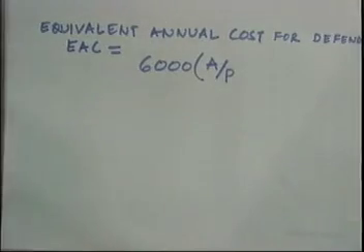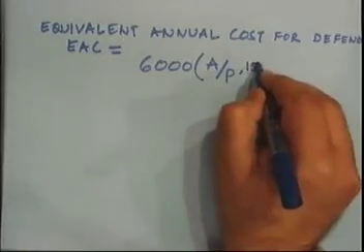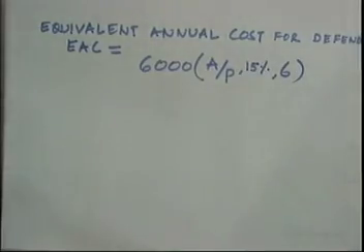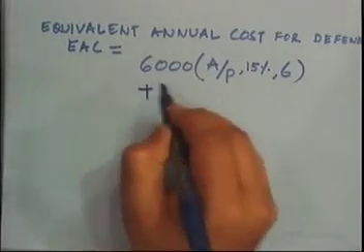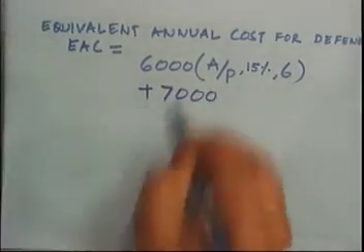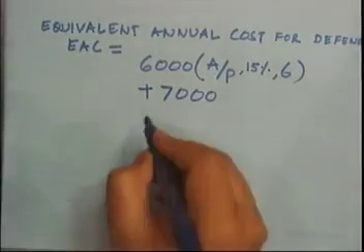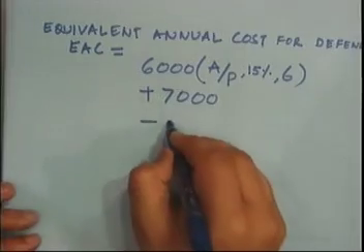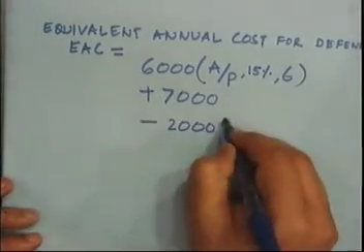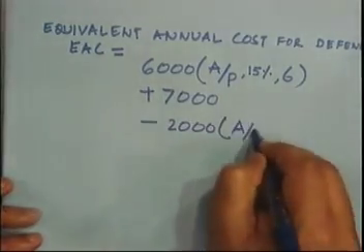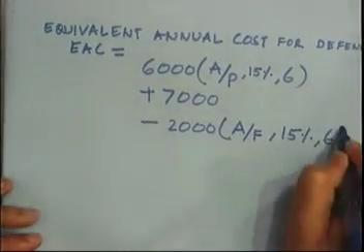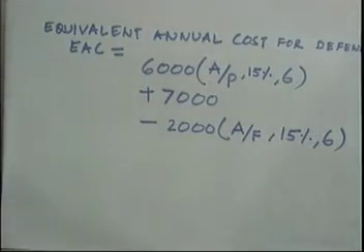Interest rate is given to be 15% for a period of 6 years, plus the maintenance cost, which is 7,000, minus the salvage value, which is 2,000 multiplied by A given F at 15% interest rate for a period of 6 years.